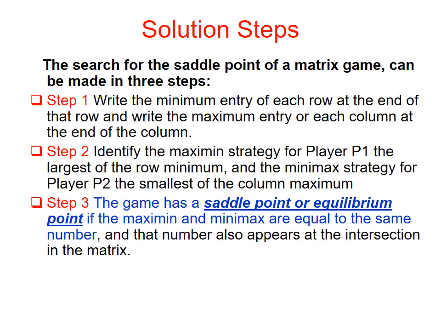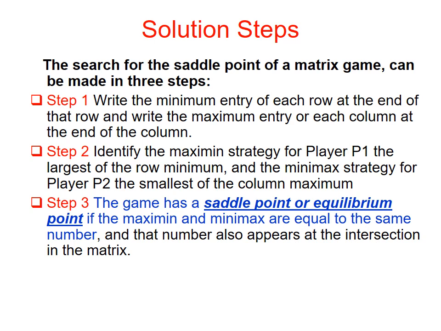Solution steps. The search for the saddle point of a matrix game can be made in 3 steps. Step 1. Write the minimum entry of each row at the end of that row and write the maximum entry of each column at the end of the column. Step 2.